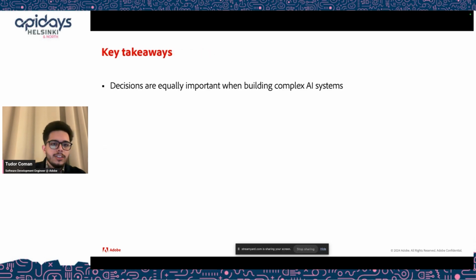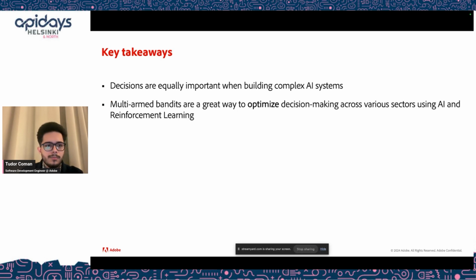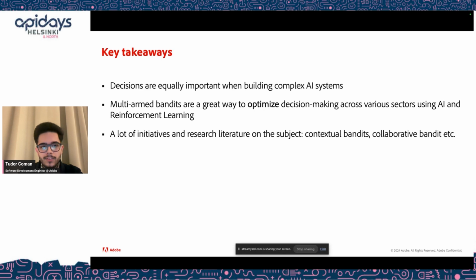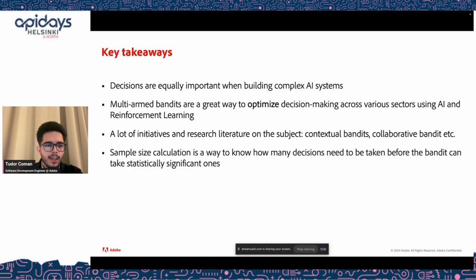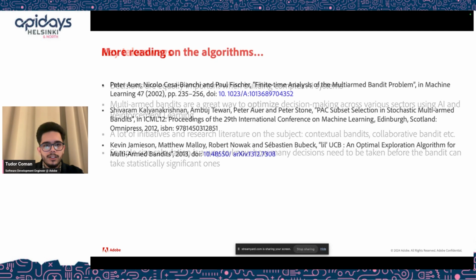Some key takeaways from this presentation: decisions are equally important when building complex AI systems, and multi-arm bandits are a great way to optimize decision making across various sectors using AI and reinforcement learning. There are a lot of initiatives and research literature on the subject about contextual bandits, collaborative bandits, and so on. And one way to know how many decisions need to be taken before the bandit can take statistically significant ones is through sample size calculation.